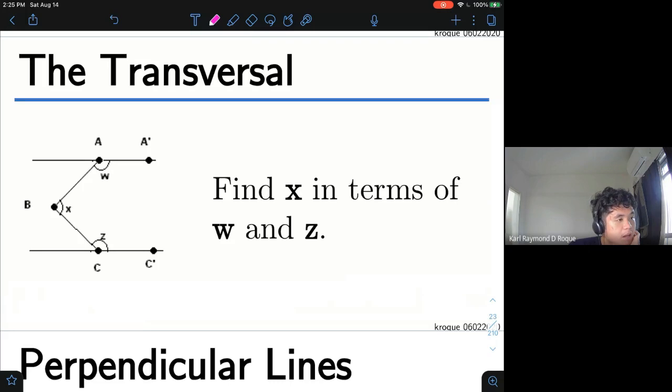Okay, next. O sige, last one. 1 minute. Ay, ba't ko din drawing yan? Last question. Ito, for parallel lines.